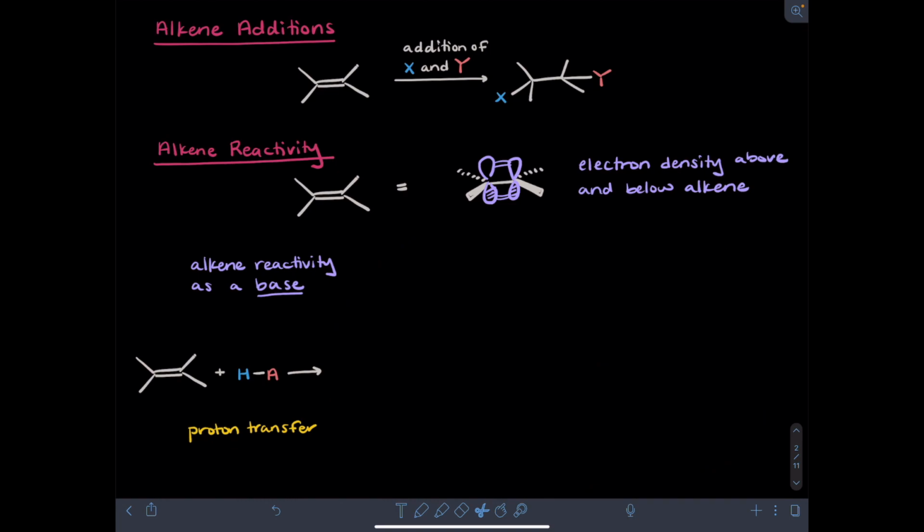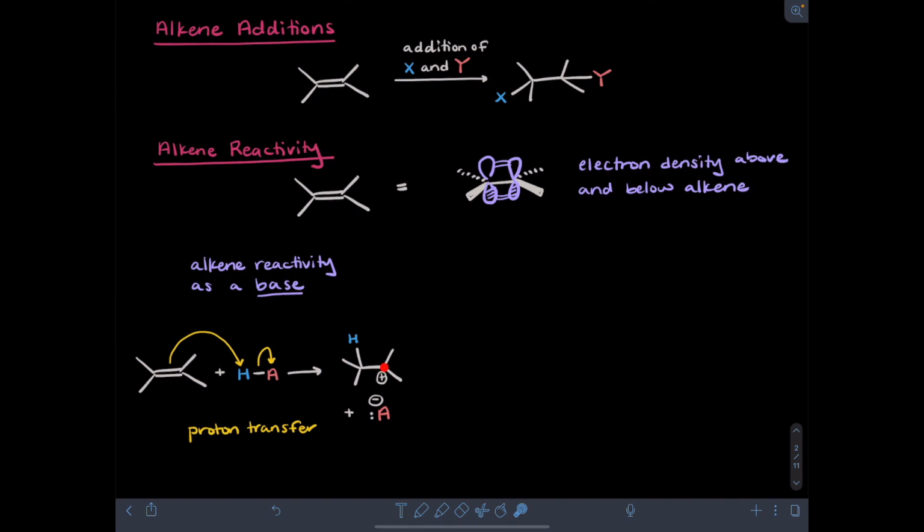One way in which an alkene can react is that it can behave as a base. For this proton transfer, I could draw two curved arrows. One from the pi bond of the alkene to the hydrogen of the acid, then from the middle of the HA bond to A. In this proton transfer, you would form a new carbon-hydrogen bond to one of the carbons that was previously a part of your alkene.